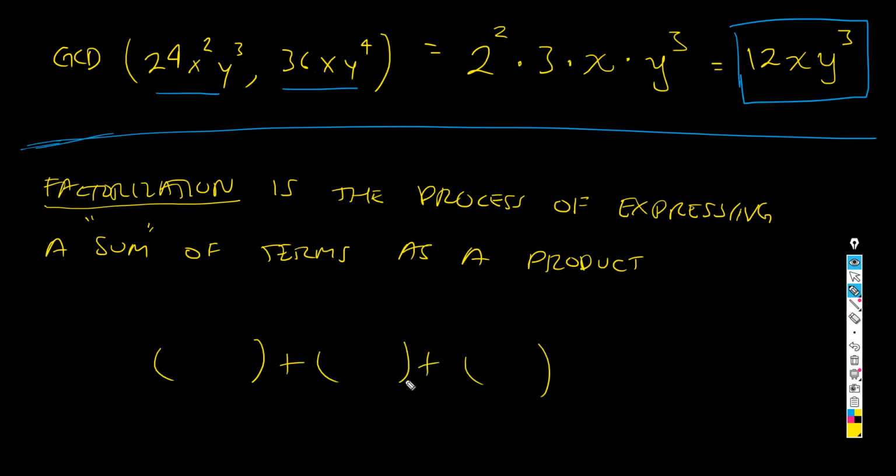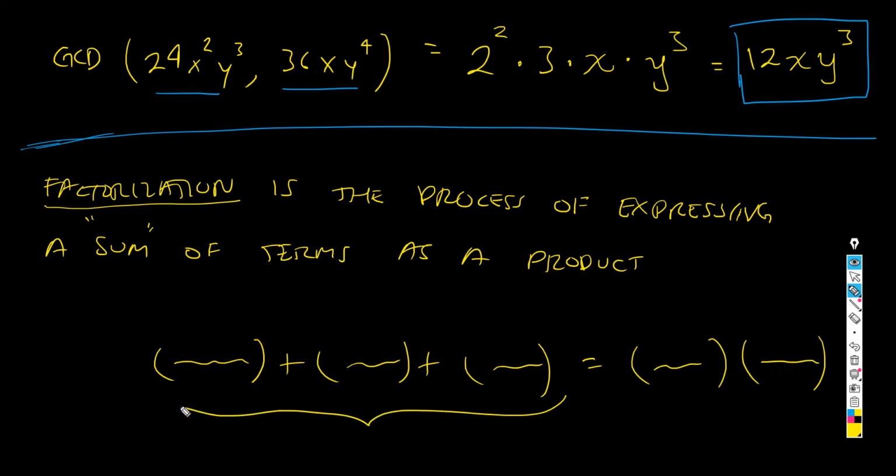And if you want to factorize this, you have to find a way to convert this into the product of two numbers. So number plus number plus number equals number times number.